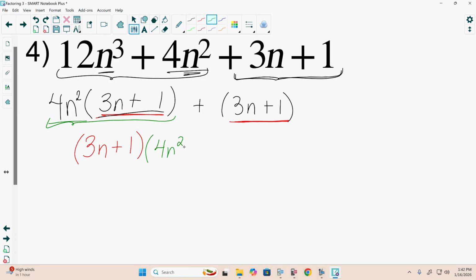Because we're dividing it out, we're removing the 3n plus 1 out of it. We're taking it and putting it in front, just like we would a number. We can do the same thing with the 3n plus 1. Now the sign is still going to be plus, because the sign in front of our parentheses is plus.